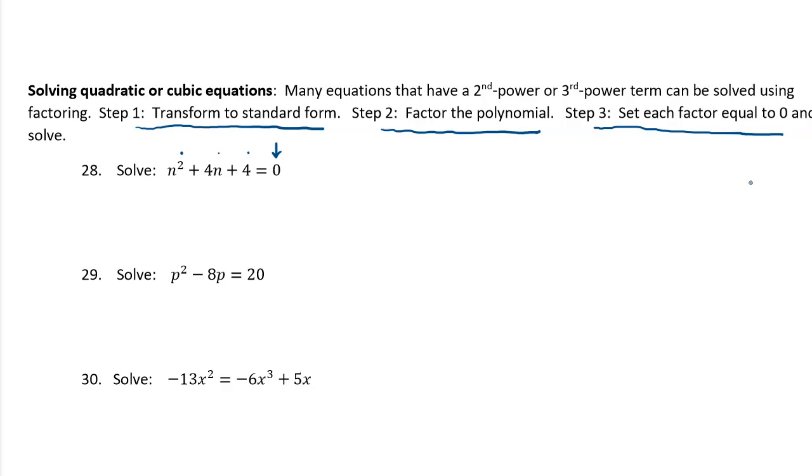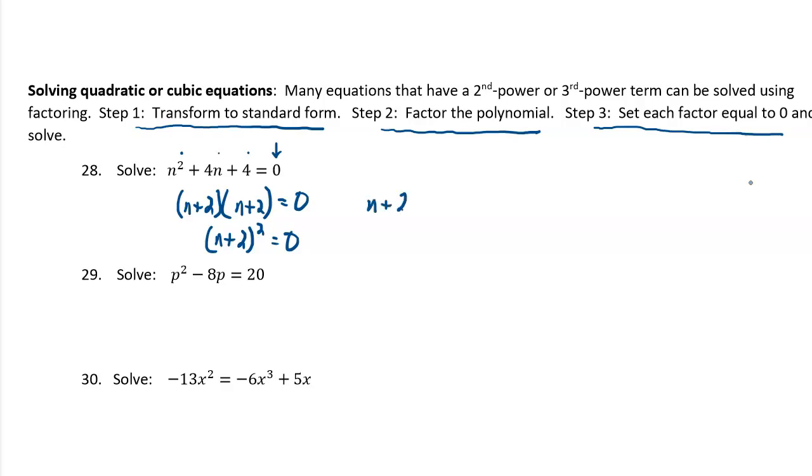Factor that polynomial. This is a trinomial. You can factor it with 2 groups of parentheses, or you might even recognize it's a perfect square trinomial. N plus 2 times n plus 2. Notice you have identical factors. That's why I said that you may have recognized that it could be factored like this. Now step 3, set each factor equal to 0.